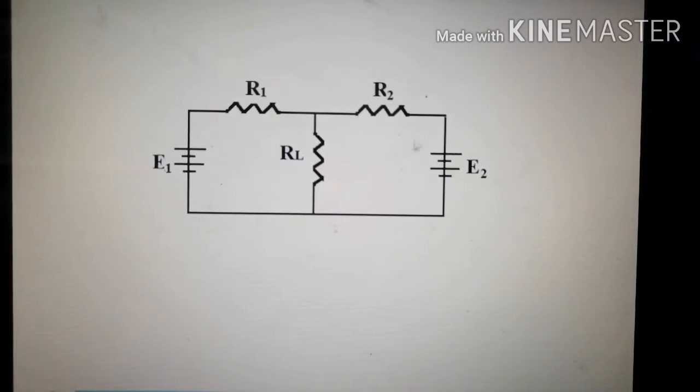Although this circuit may be solved with the help of KVL or KCL, here I am going to resolve it with the help of the superposition theorem. With the help of the theorem, we can solve the same circuit in a very easy way.